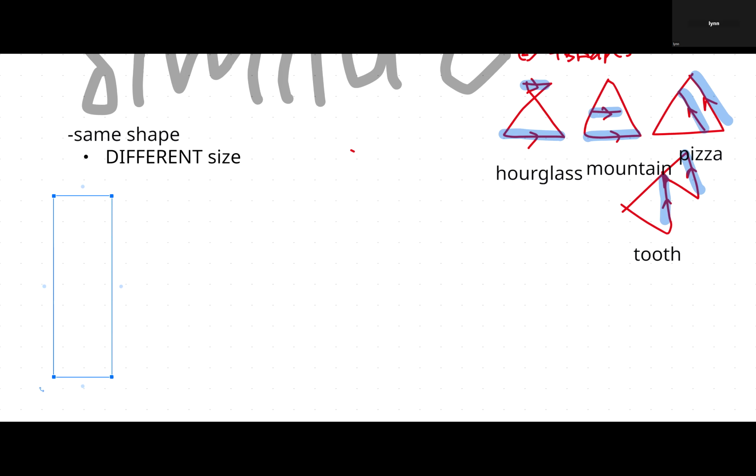If you notice SSS and SAS, these two are similar to congruent.